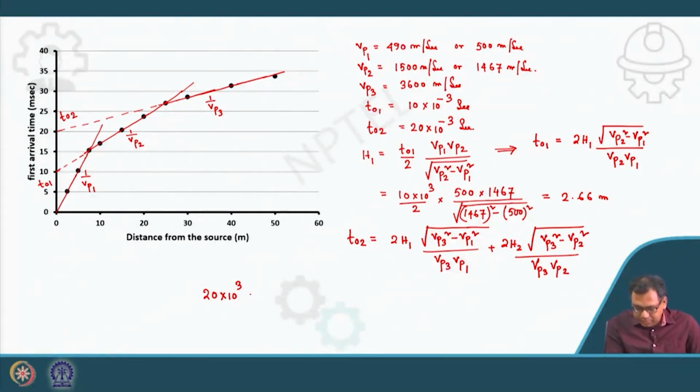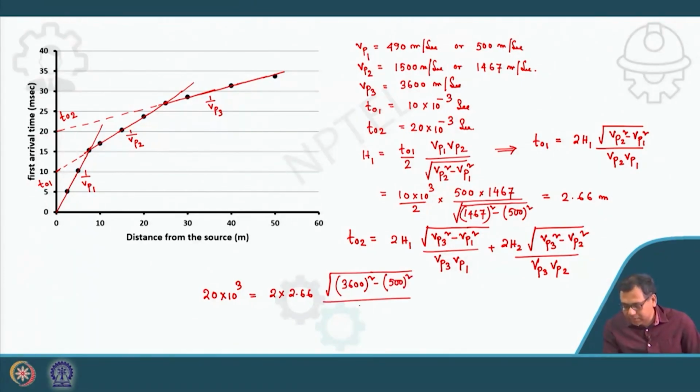So here I am putting 2 into H1, which is 2.66. Then this is Vp1. Vp3 is how much? 3600 whole square minus 500 whole square divided by 3600 into 500, plus 2H2.